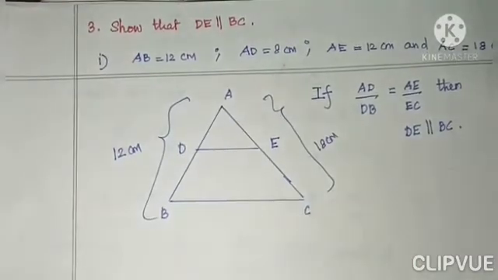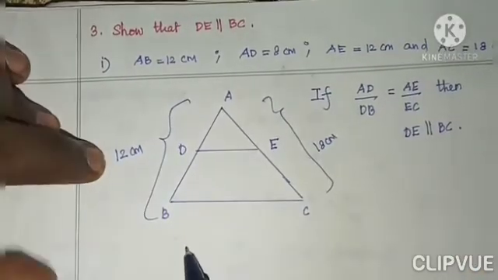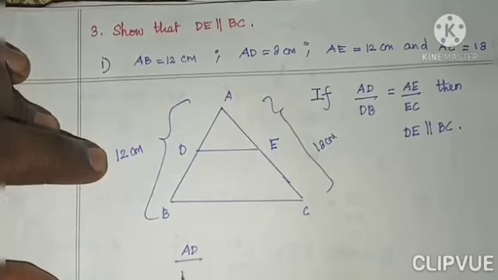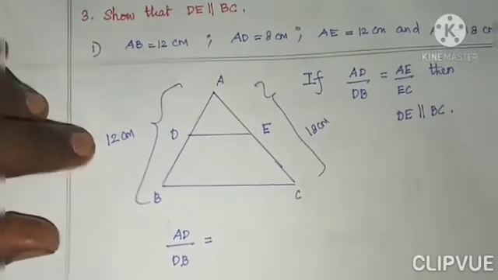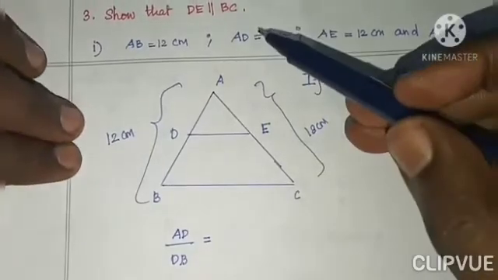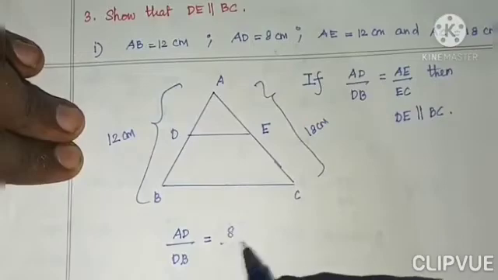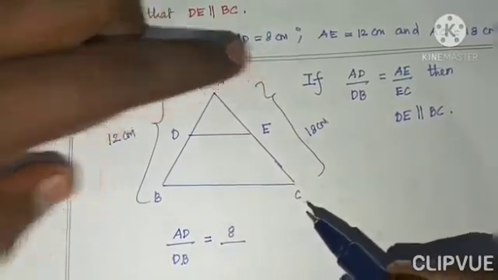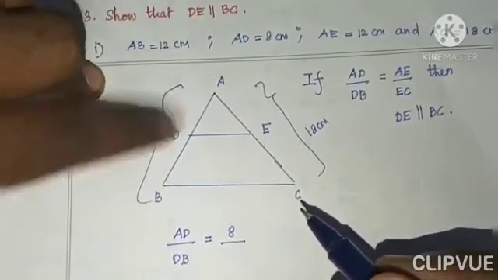So first AD by DB. AD value is given, that is 8 centimeter. What is DB? DB equals AB minus AD.